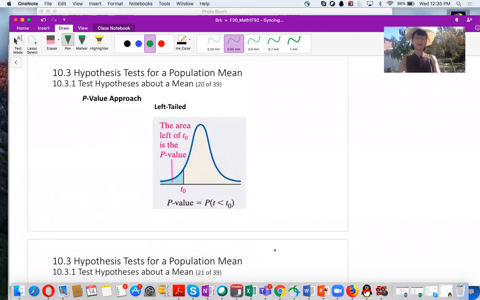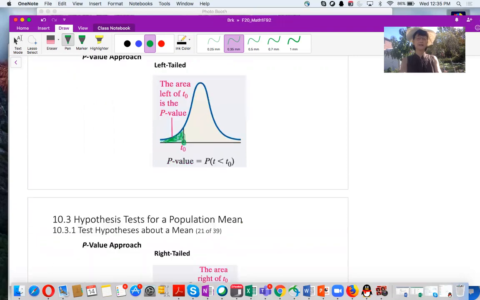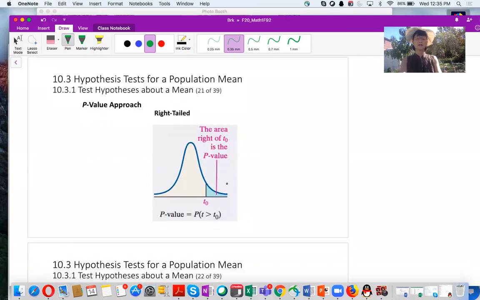And when you have a left tail test, the test statistic is negative, and the p-value is this left tail area. This is the p-value. Similarly, when you have a right tail test, this point represents the test statistic, and the right tail area is the p-value.